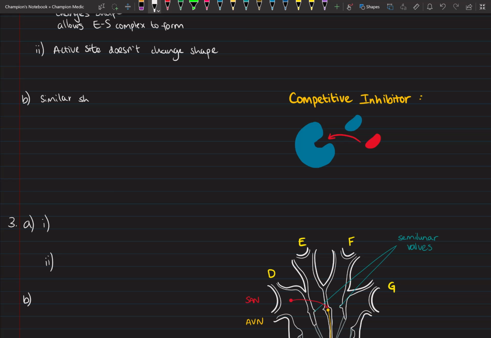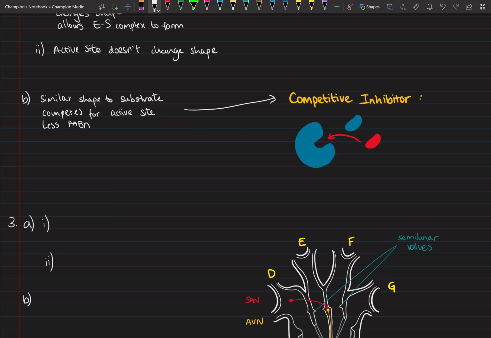Essentially, a competitive inhibitor is a substance that has a similar structure or shape to the substrate, but it blocks off the active site, which prevents the real substrate from binding. This results in a lower rate of reaction because fewer enzyme substrate complexes form, as less of the substrate is binding.